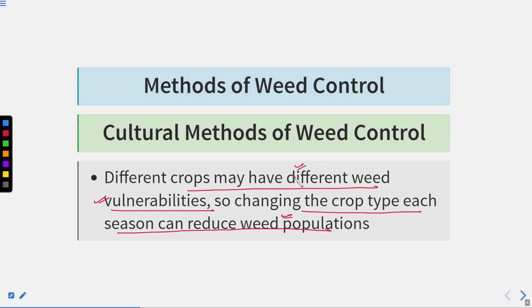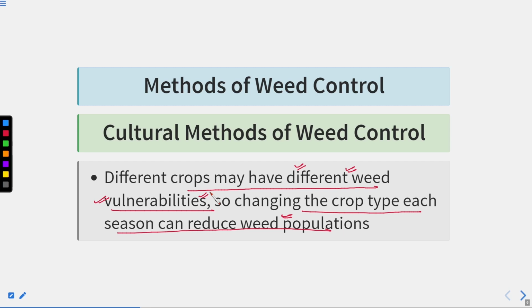Actually, different crops have different weed vulnerabilities. So weeds are very specific and they grow along with the crops, right? The potato crop will have very specific weeds. The sugarcane will have specific weeds. The wheat will have specific weeds.